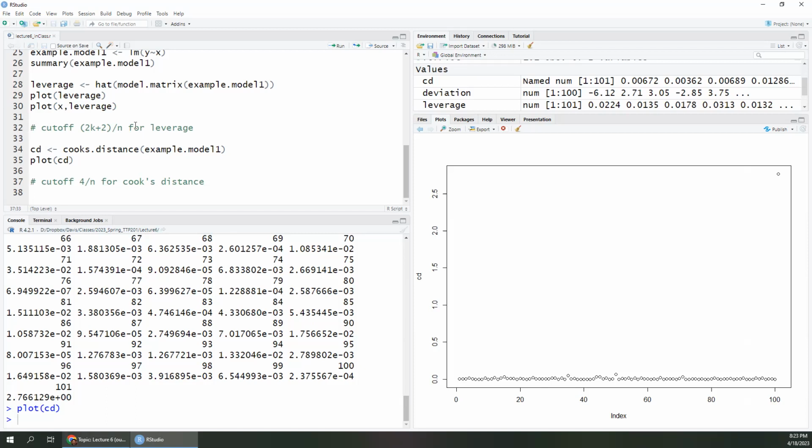All right. So that is our little bit about outliers. And the next piece that we'll talk about is multiple regression.